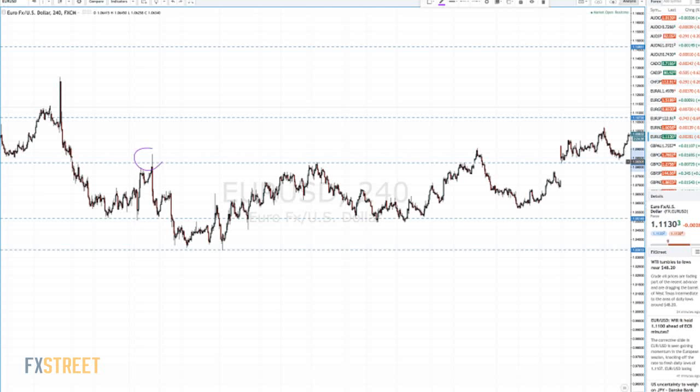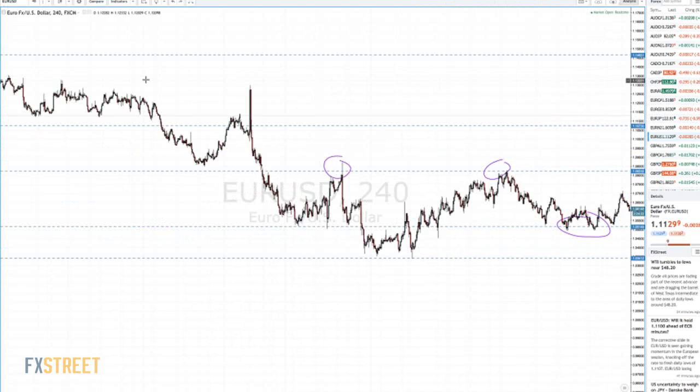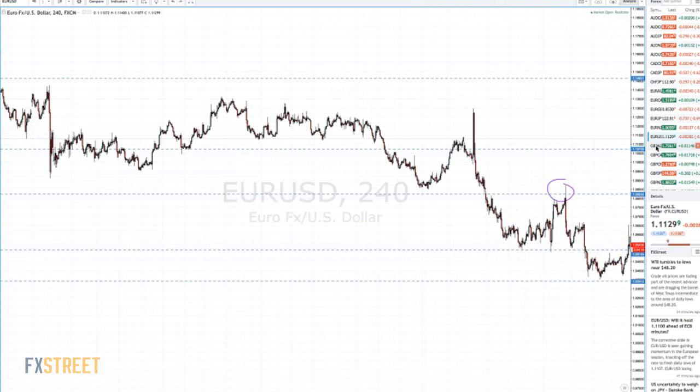Same levels we've identified. Again, and again, and again. Absolutely not rocket science. Very simple. Very simple and so effective.